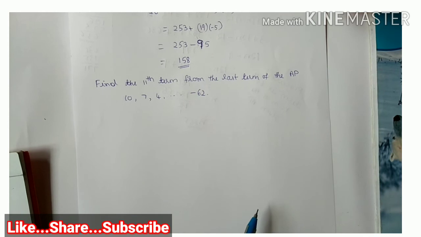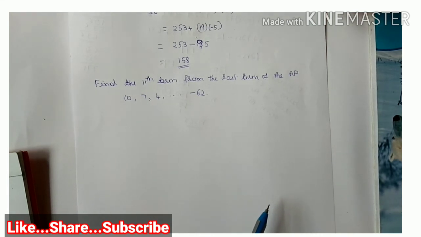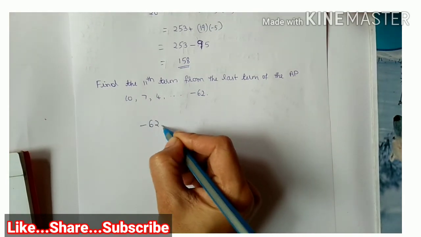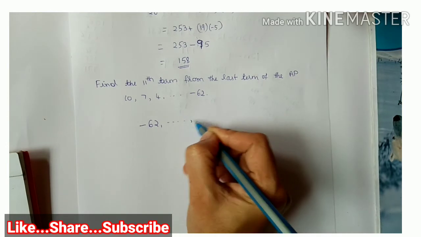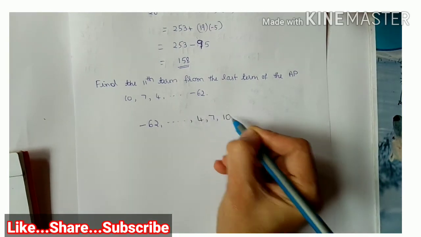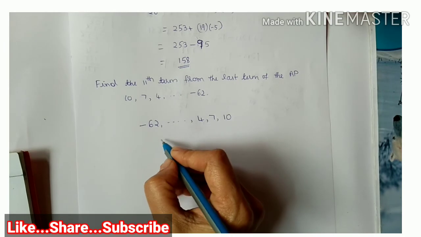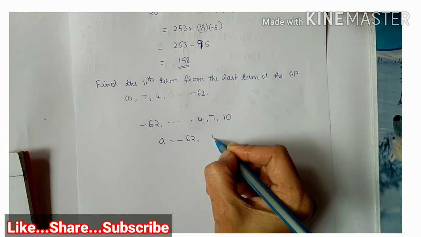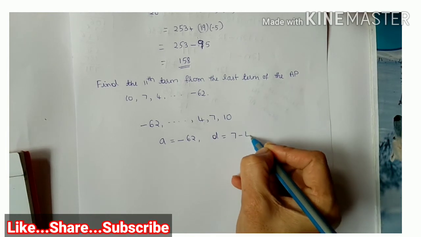Next example: find the 11th term from the last term of the AP 10, 7, 4, up to minus 62. Let us write the given AP in the reverse order to find the 11th term from the last term of the AP: minus 62, 4, 7, 10. For this AP, the first term is minus 62, common difference is 7 minus 4, which is 3.